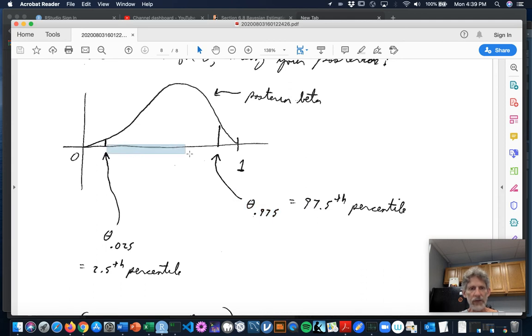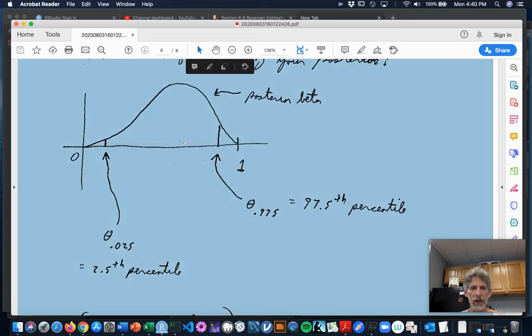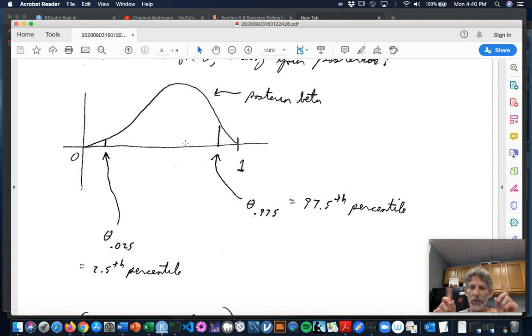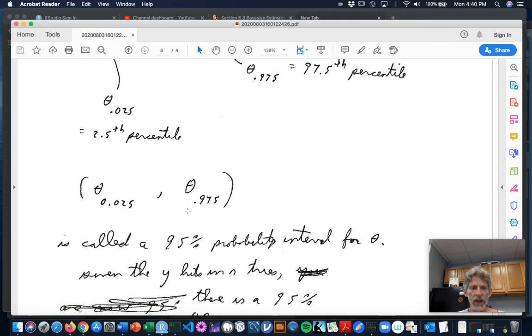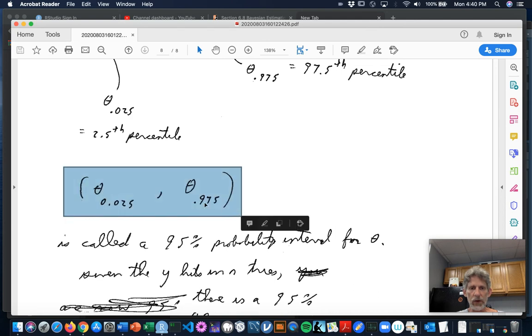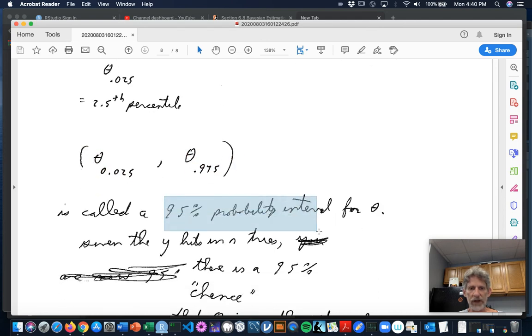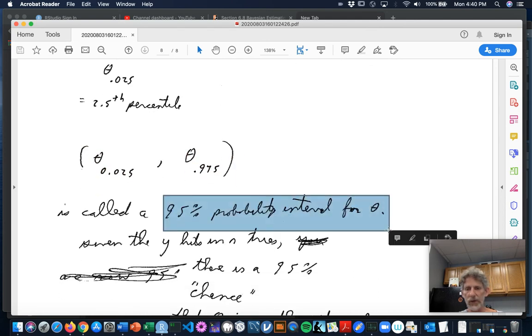And the range between them would have 95% of the area under the posterior curve between that lower and upper bound. And so the probability that theta lies in that bound would be 95%. So that bound is called by Bayesians a 95% probability interval for theta.